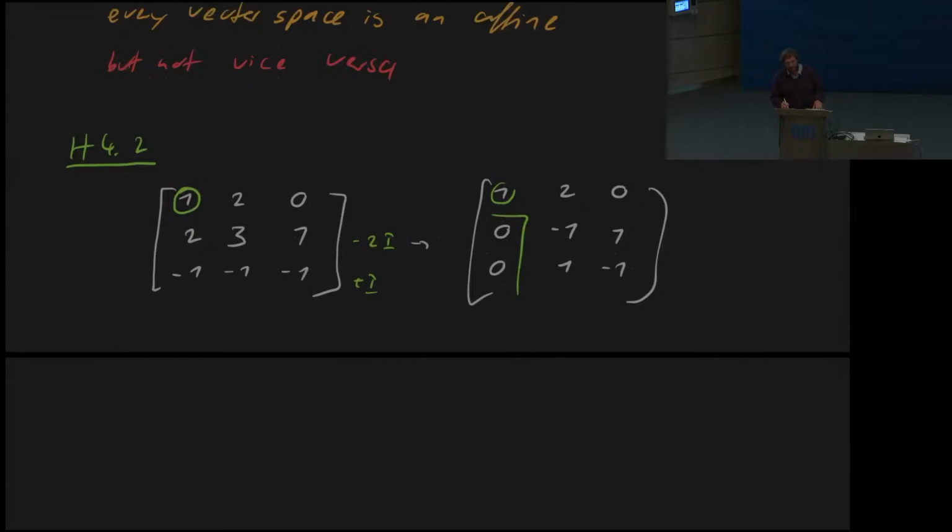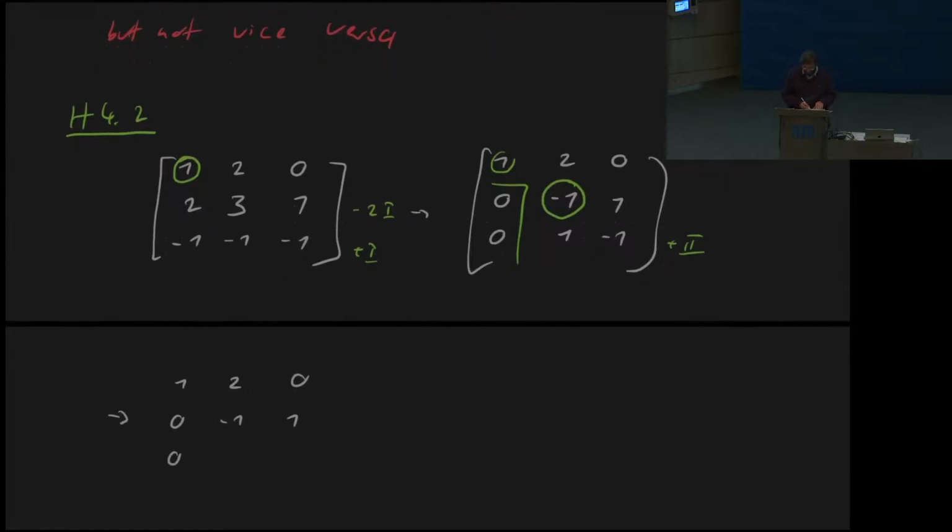And now in the second step, we take our second row, we take this here as a pivot element, and we go on to simplify. Now 1 is below that one. And for that purpose, we just add the second row to the third one. Again, we do a linear combination of those 2. Right, and what we get is 1, 2, 0, 0, minus 1, 1, and 0, 0, 0. And that's the end of our simplification process.